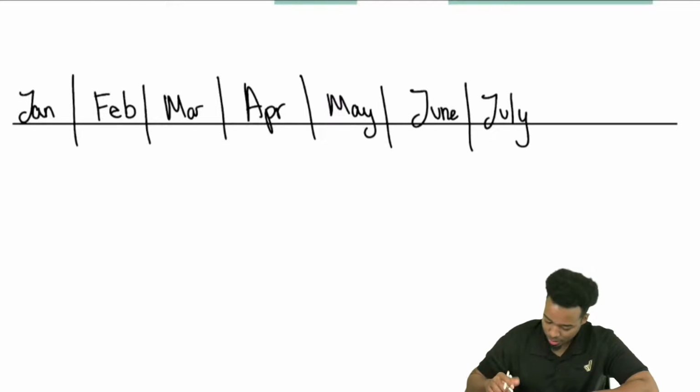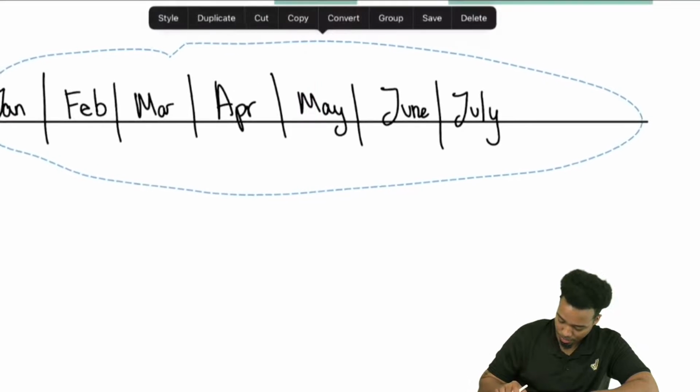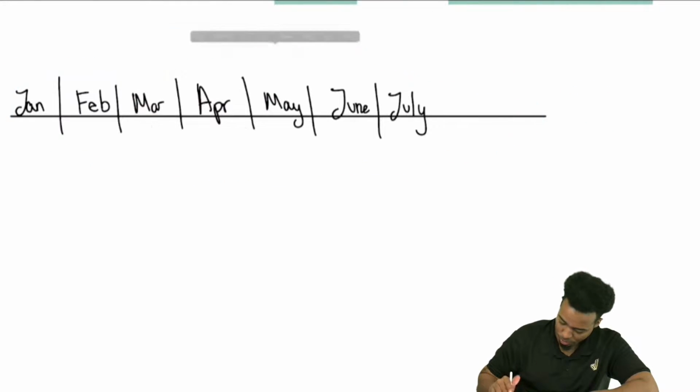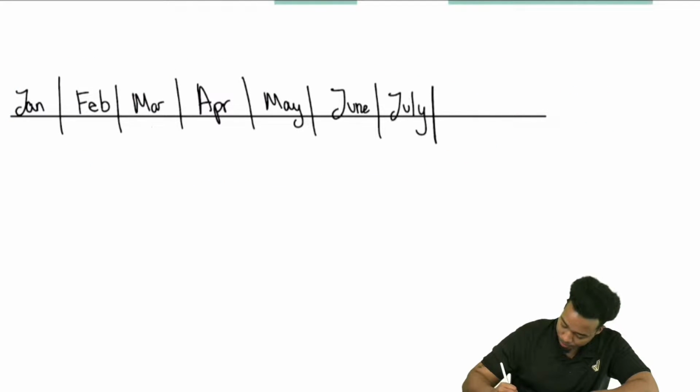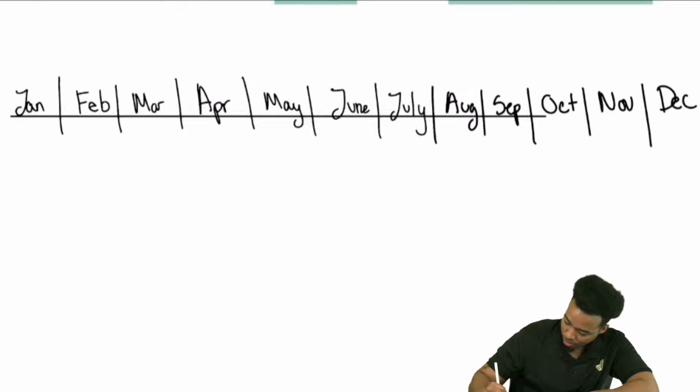I'm going to need more room. Let me give myself some more room. So July, August, September, October, November, December. Okay, cool.